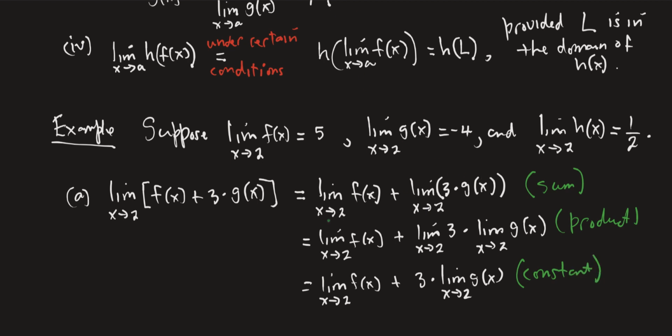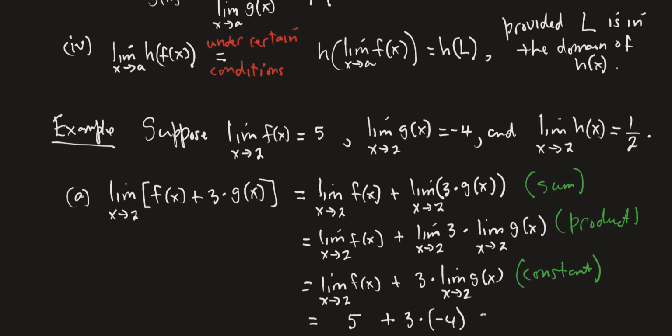Now, we could have applied all 3 of these properties at once and gone from the original limit to this broken down form. And now what we can do in this stripped down form is use the information that's given. We're told that this limit is equal to 5. So this is 5 plus 3 times, and then we're told that this limit is -4.